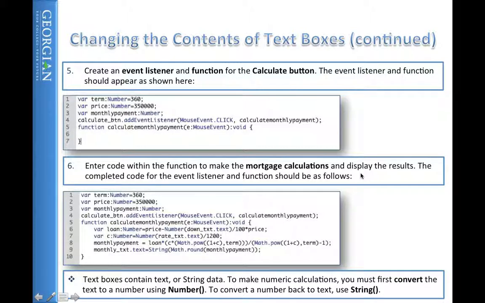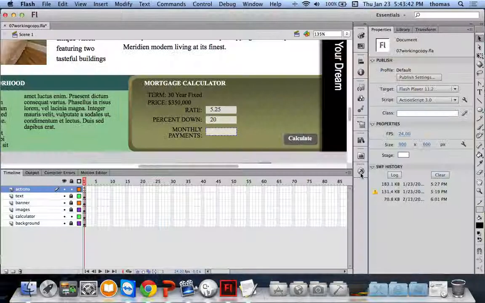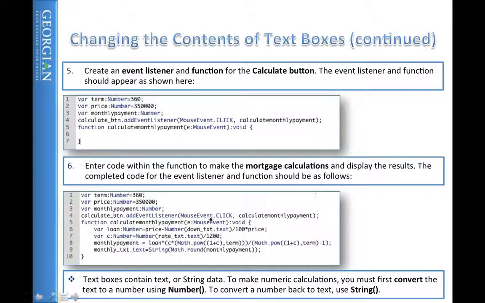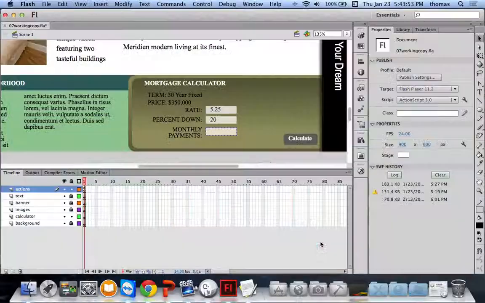And what you need to do is, when you get info from Flash, everything that's coming in inbound from Flash in your editable text boxes is coming in as a string, so you have to convert it into a number, just like we do in most UI applications. So I've got to put in there a number that I'm going to create. It's going to be the down text.text property divided by 100 times price.